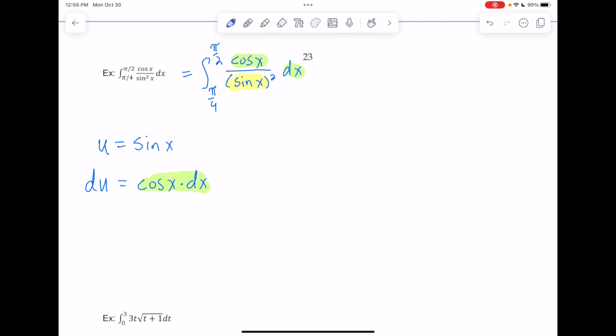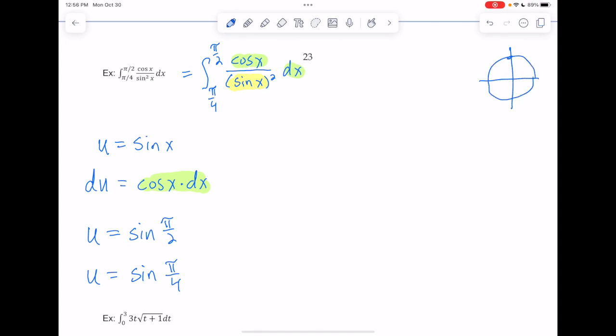We just have to remember to substitute for the limits of integration as well. So for our upper limit, it'll be sine of the old upper limit, so sine of pi/2. For our lower limit, it'll be u equals sine of our old lower limit, which was pi/4. So just thinking about the unit circle, you can do that over here.